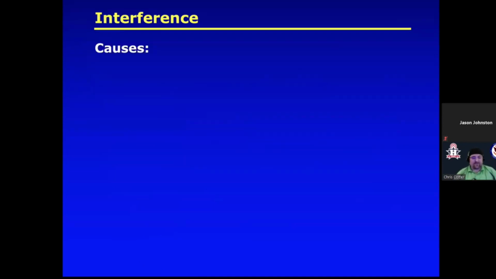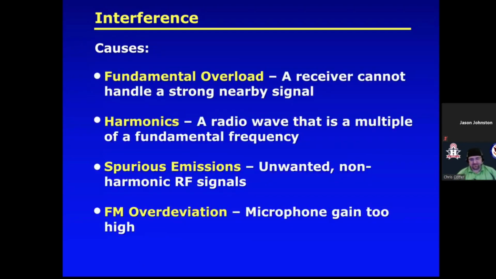All right, so some interference causes. There are multiple different kinds of interference. There is overload. Your receiver is just a fundamental overload. The signal that's coming in is so strong on the receiver that it basically causes the receiver to not be able to receive.